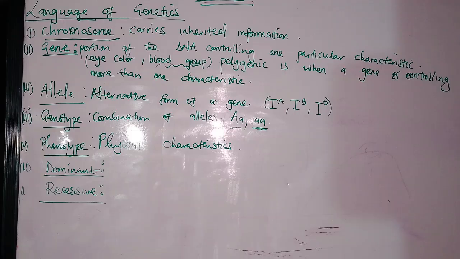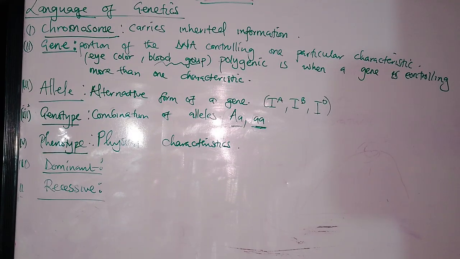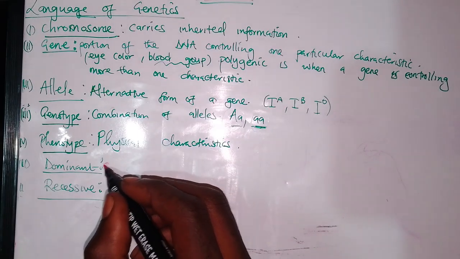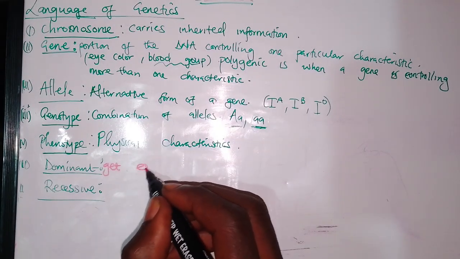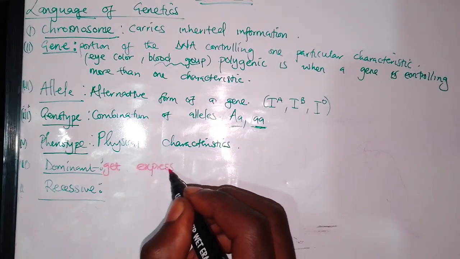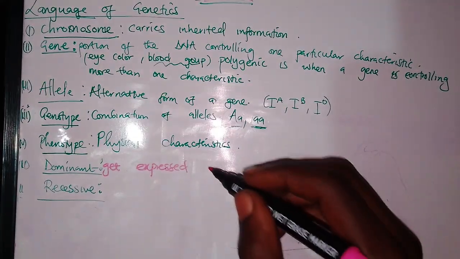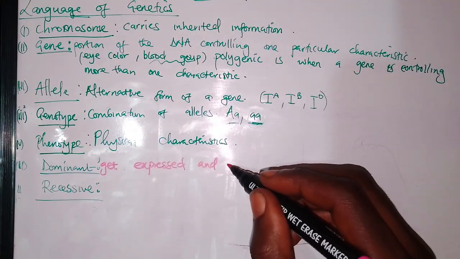So when we have a dominant allele, I repeat, when you have a dominant allele, that allele gets expressed, masking the other. We say that alleles always move in pairs. So if we have a dominant allele, it will get expressed and mask the other.